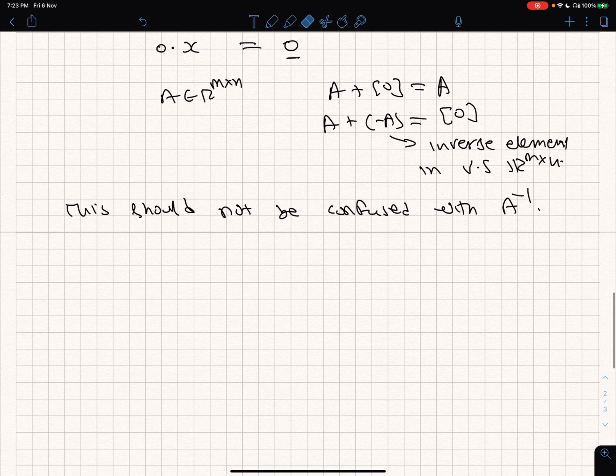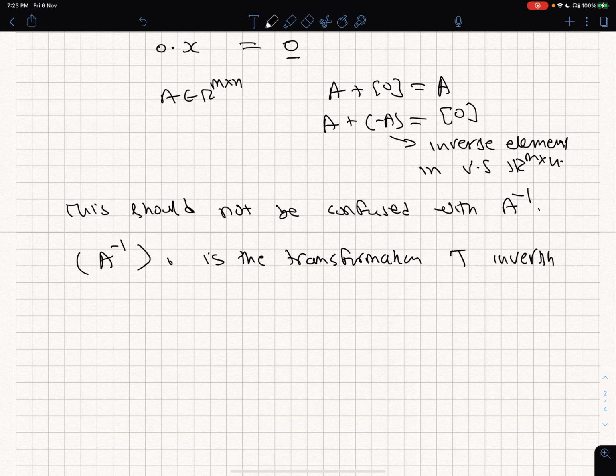Okay. This A inverse is actually to be connected with the right question to ask regarding A inverse, which is: is the transformation T, the linear transformation T, invertible?